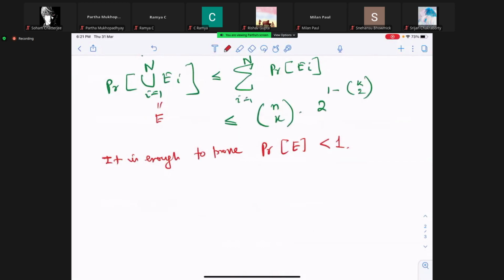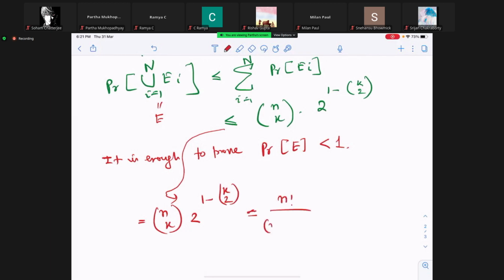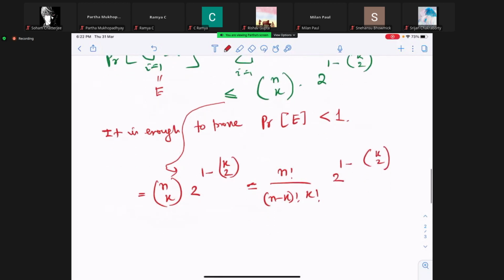Once you have this right intuition, it's very easy. So this is n choose k to the power, that's equal to n factorial by n minus k factorial, 2 power 1 minus k choose 2.